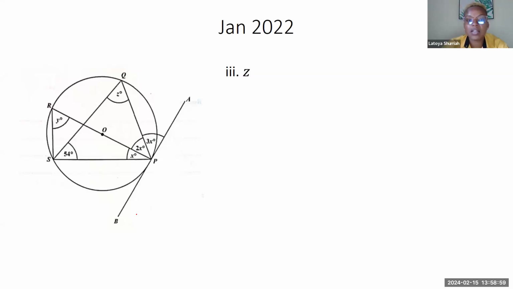What else? It's not just the fact that they're in the same segment. You have to add something else to that. This is because they're on the same chord. Same chord, same segment. Because you already knew that Y is 72 degrees, and Y and X are subtended from the same chord in the same segment.